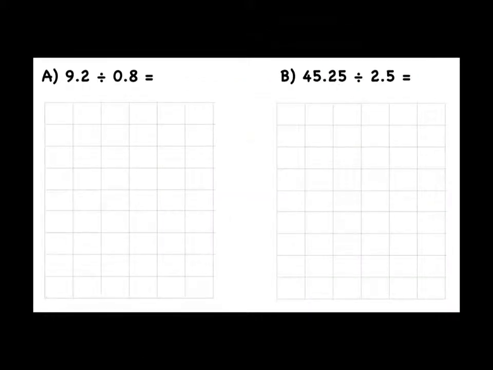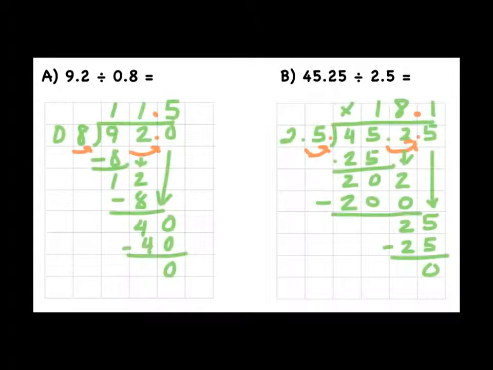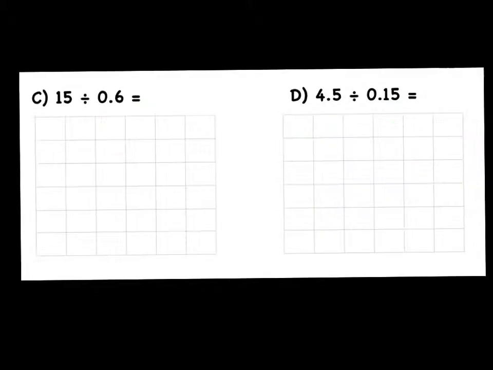Pause the video while you try the next 2 practice problems on your own. Now that you've had an opportunity to solve them, hopefully you were able to get 11.5 as your answer for A, and 18.1 for B. Now I'm going to let you pause the video to solve these last 2 problems, C and D, on your own.